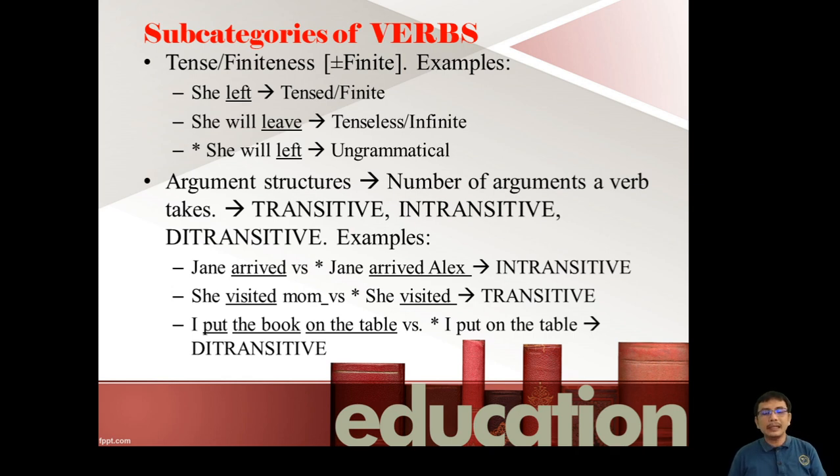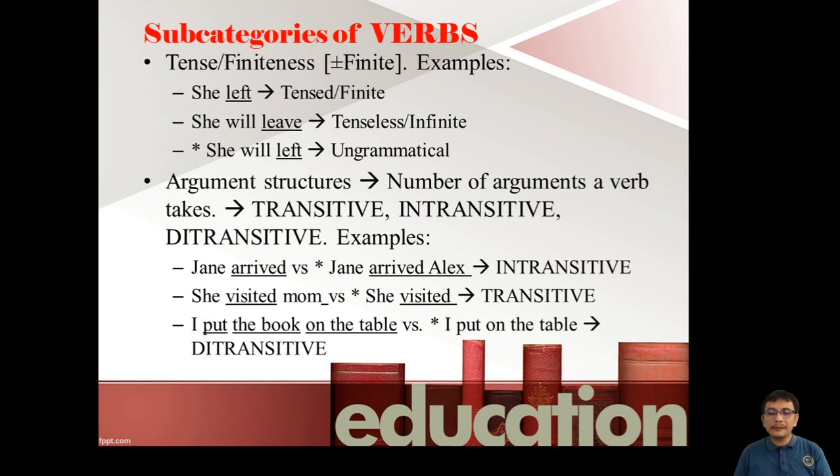But we cannot say "she will left" because will is a modal, and a modal can only get along with an infinite verb. But when we put tense there, like past tense here, it will create ungrammaticality.